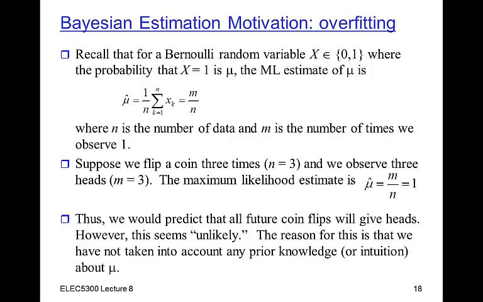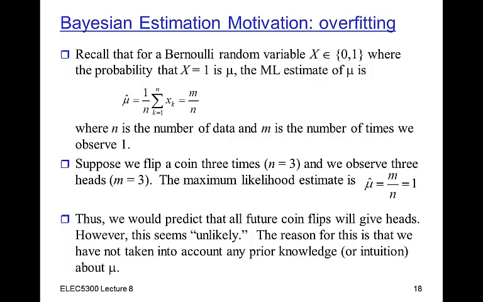But intuitively, this is somewhat uncomfortable, because it implies that based on just 3 coin flips, if I flipped this coin forever, I would always get heads. Maybe there's some chance that it's not 1, so how could I take this into account?